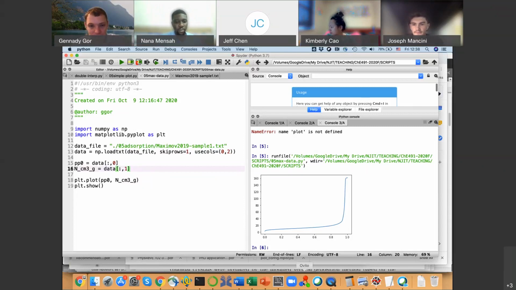I don't see the chat here, unfortunately. No, that's not CGS. The centimeter cube STP is the volume which the gas takes at STP conditions, so standard temperature and pressure.